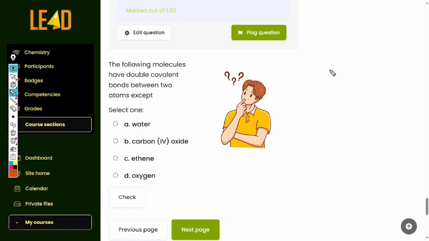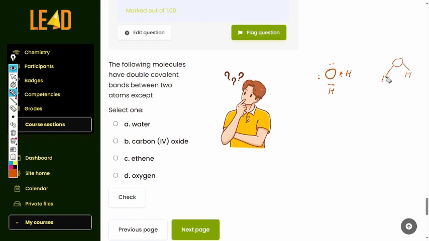So water is formed from oxygen and hydrogen. Oxygen has 6 electrons outside, 2 paired, 2 unpaired. So one hydrogen gets paired here, another hydrogen gets paired here. When you have one pair of electrons, you have a single covalent bond. So in oxygen, there's a single covalent bond here and a single covalent bond here. And that's why water looks like this.